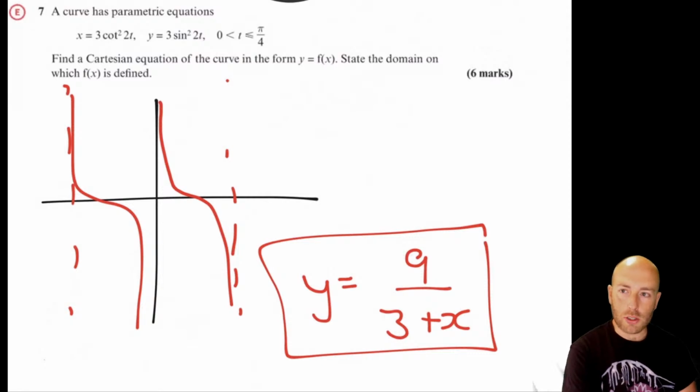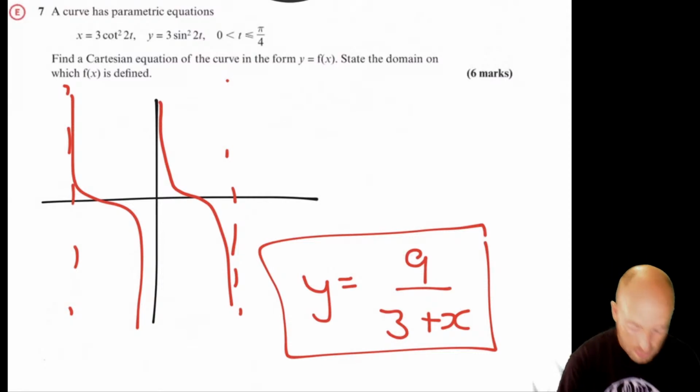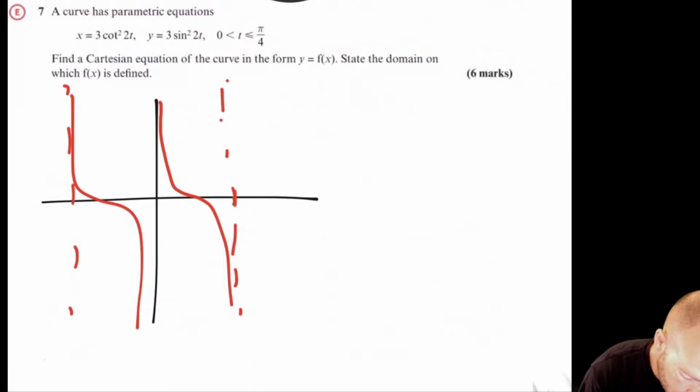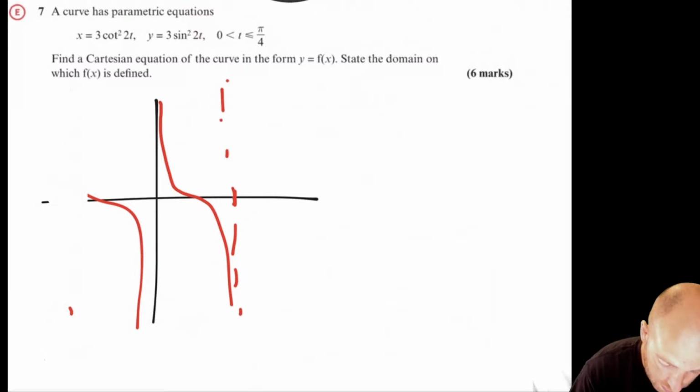But of course we're stretching it by 3 and something it by 2. So we need to know what point this point here is. We know that point there is obviously the 0, so we can get rid of this bit here. We just need to work out where pi by 4 is.